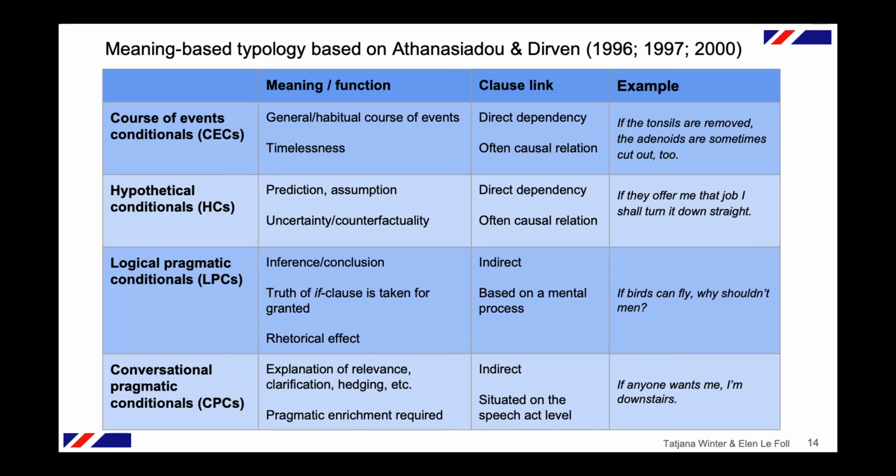With regard to meaning, CECs correspond more or less to ELT type 0, the general one, even though its form can vary, as we'll see later. And hypothetical conditionals express a certain degree of likelihood or hypotheticality. So that type technically comprises ELT types 1 to 3 in one category.